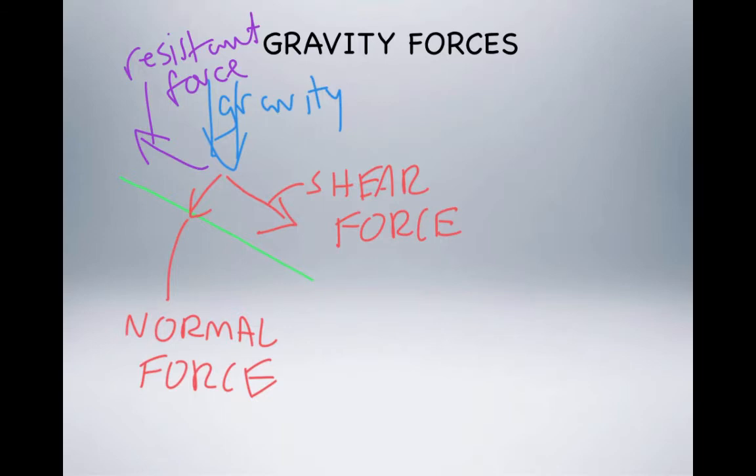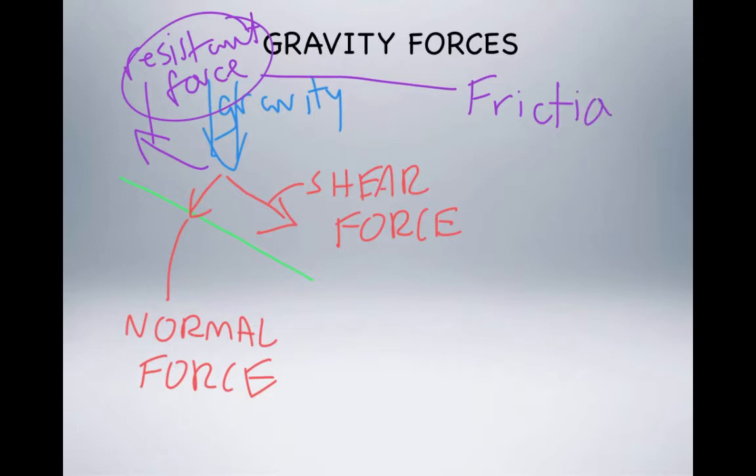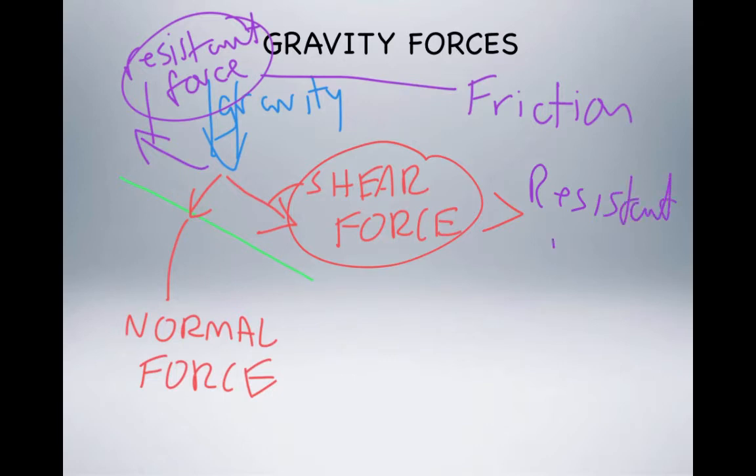Now, if the shear force exceeds the resistant force, and I should note, resistant force is really just a fancy way of saying it's the friction or the strength of the rock on the surface, because the resistant force is fundamentally controlled by friction. If the shear force is greater than the resistant force, then failure occurs.